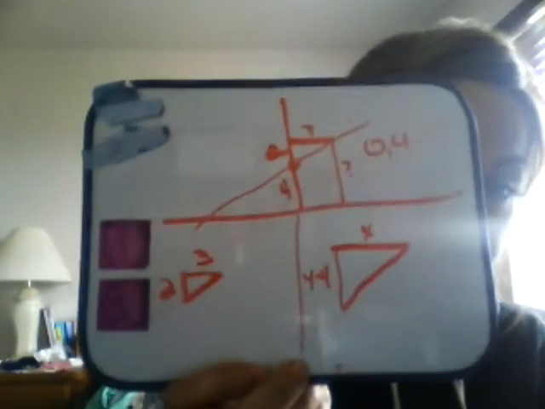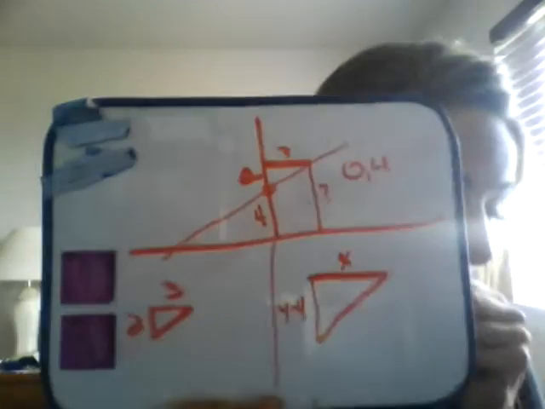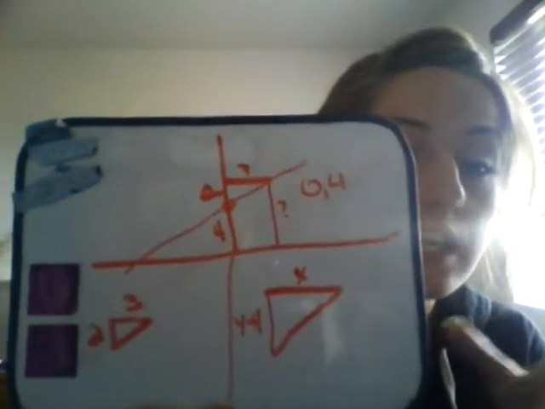So we have y minus 4 as the rise and x as the run. What we want to do is equate those. We're going to erase these 2 triangles here so we have more room to work. We want y minus 4 over x to equal 2 over 3.